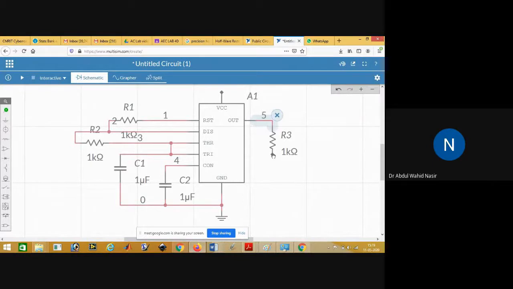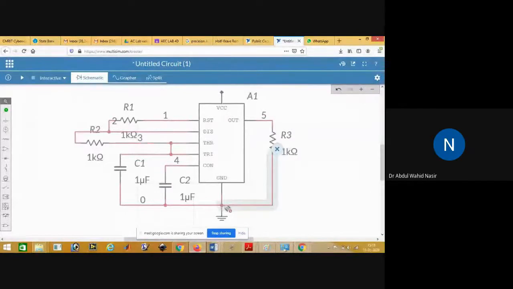Again the other end of the load will be connected to ground. So our circuit diagram is almost complete.